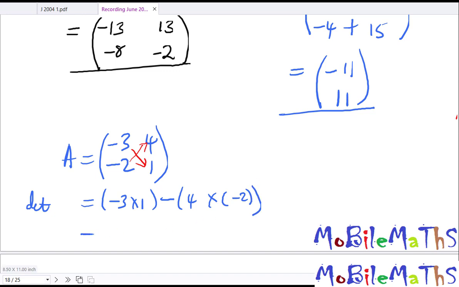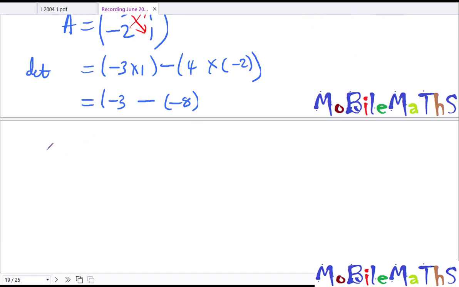So we get minus 3, then minus here 4 by minus 2, that's a minus 8. So we are simplifying, so it means our determinant is going to be equal to minus 3, then plus a 8. So our determinant, the final answer, is equal to a 5, positive 5.